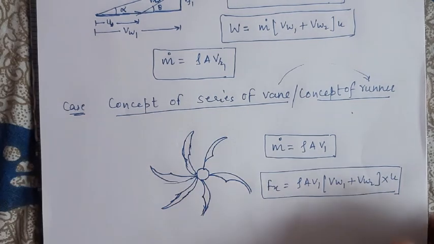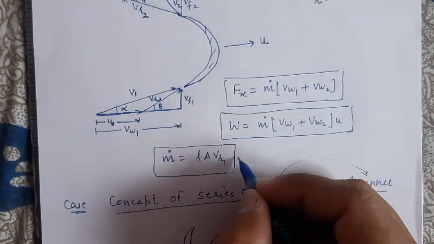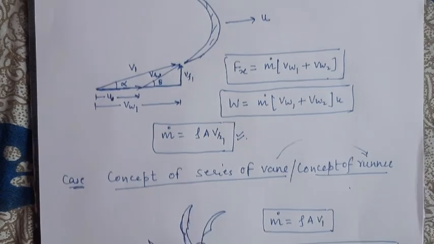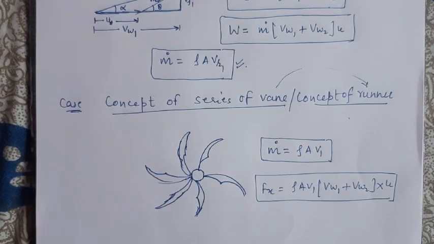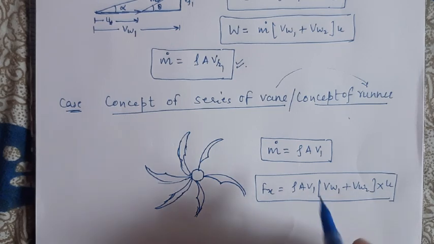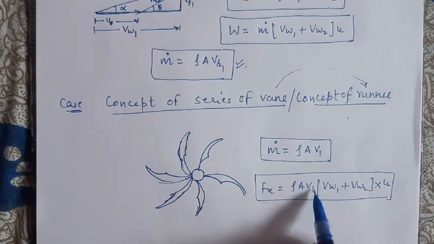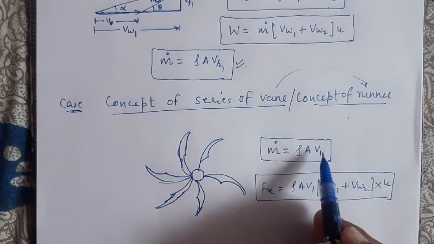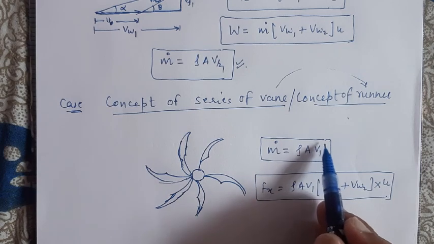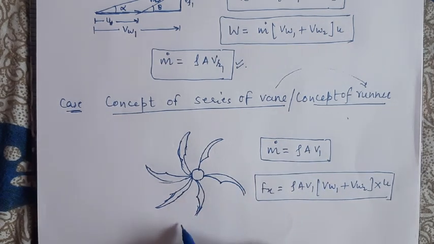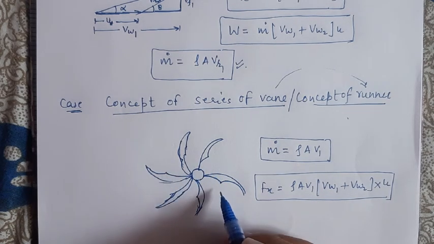So in case of a single vane, we will use this mass flow rate when the jet is striking tangentially at one of the ends, and in case of a series of vanes, when the jet is striking the vanes tangentially, then we will use this formula for mass flow rate, rho a v1, and Fx will then become rho a v1 (Vw1 plus Vw2) into U. I am again repeating why I have used absolute velocity. I have used absolute velocity because whatever the mass flow rate is issuing out of the nozzle, that would be utilized by this series of vanes.